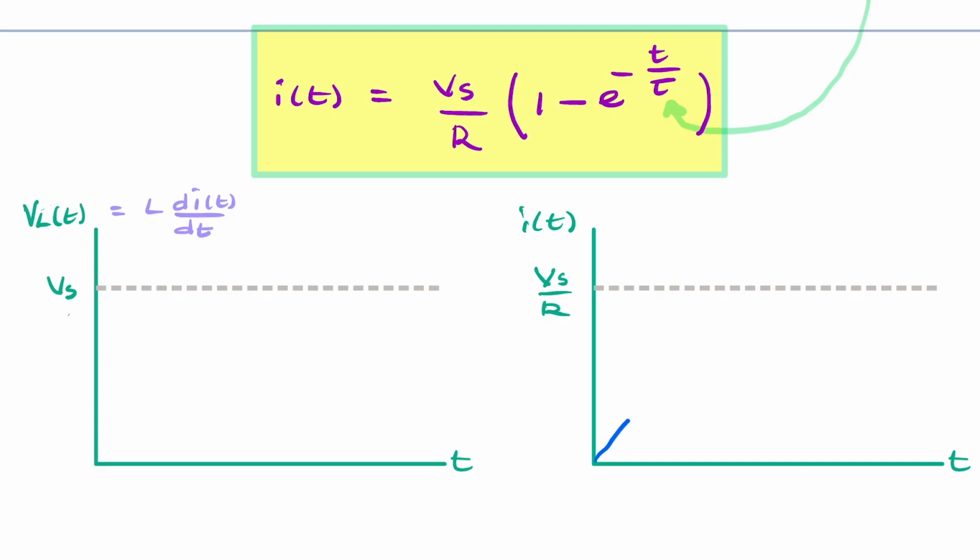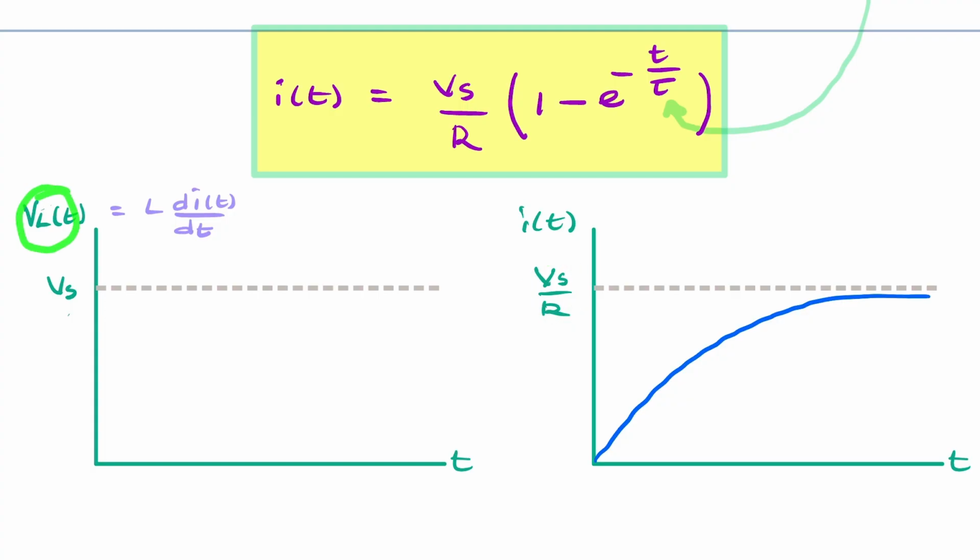And then as t increases towards infinity, the current will rise towards Vs over R. So if you were to replace infinity there, e to the minus a very big number would be almost 0. So 1 minus 0 is 1. So the current will approach Vs over R in the long term.